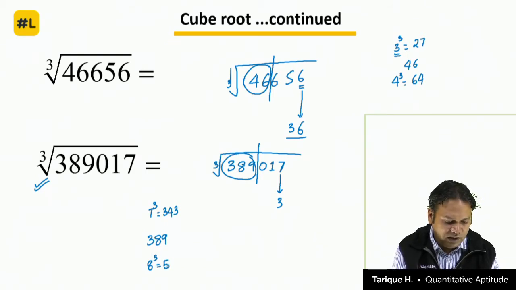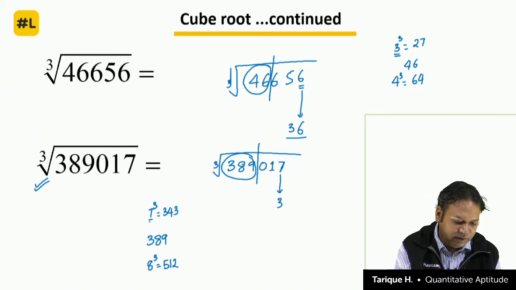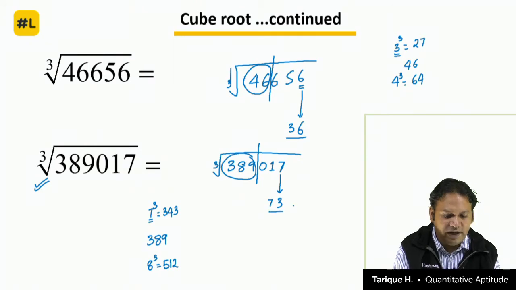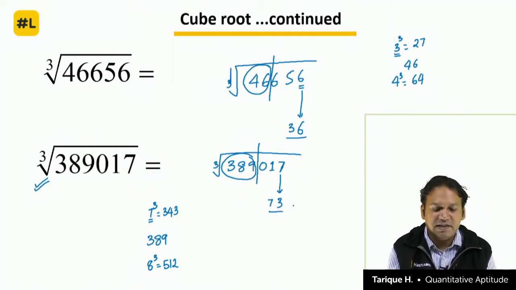If possible you should learn till 15. Okay, 7 cube is 343, 8 cube is 512. So we will take the smaller number 7. So you see how easy it was to find out the cube root of 389017. The answer is 73. Within no time you can calculate and get the answer, right, using this very simple technique of finding cube roots of numbers.